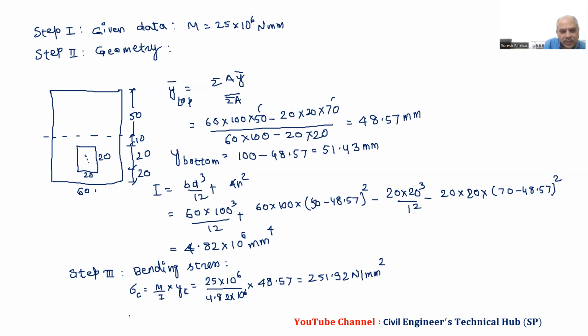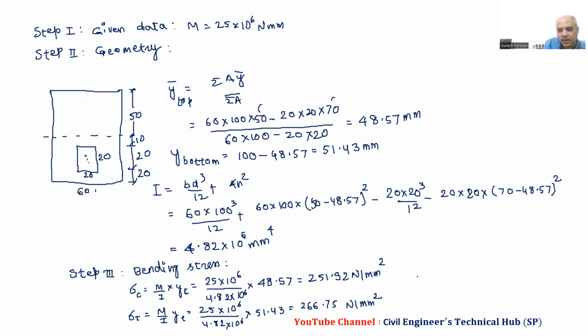And then we have sigma tension, which will be M by I into Y tension. 25 into 10 raised to 6 upon 4.82 into 10 raised to 6 into 51.43 is 266.75 Newton per mm square.